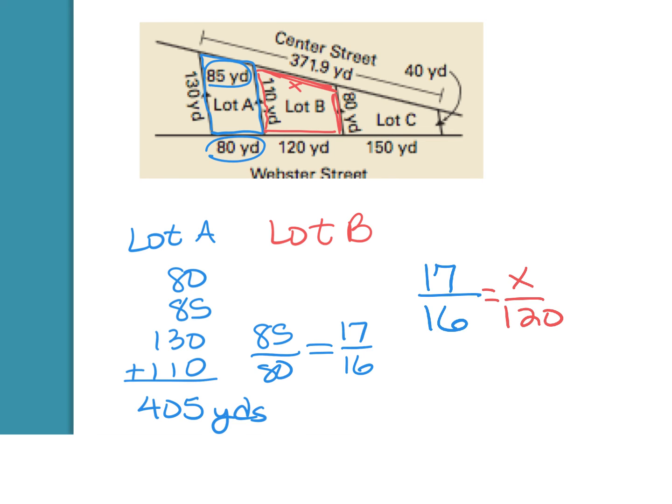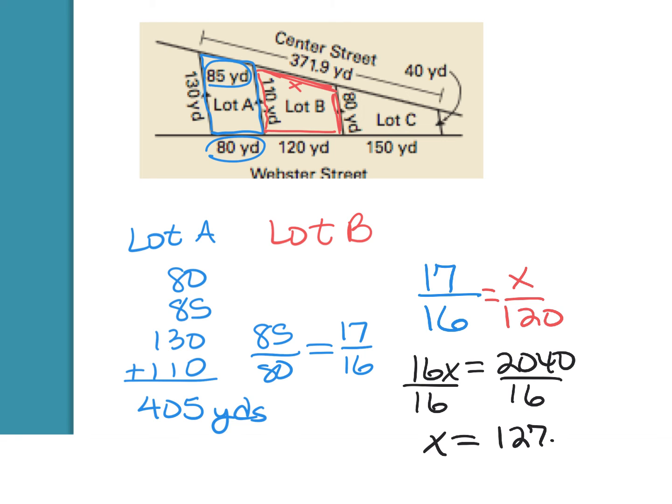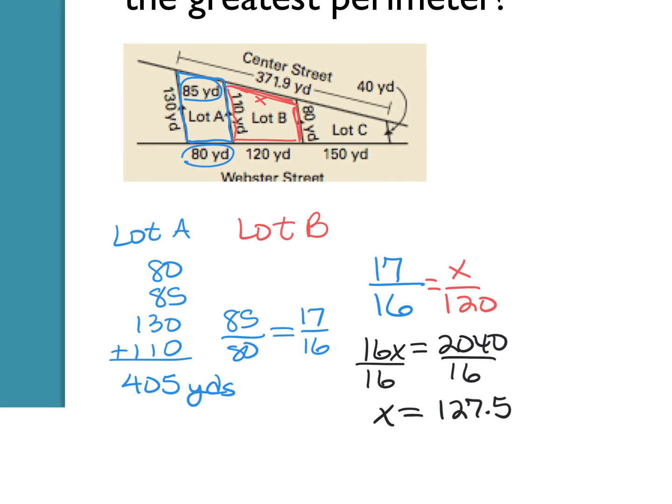And then I'm going to cross multiply. 16 times x, 17 times 120, and I get 2,040, divide by 16, and x equals, again, once I divide that, I get 127.5. Add up all the sides now.